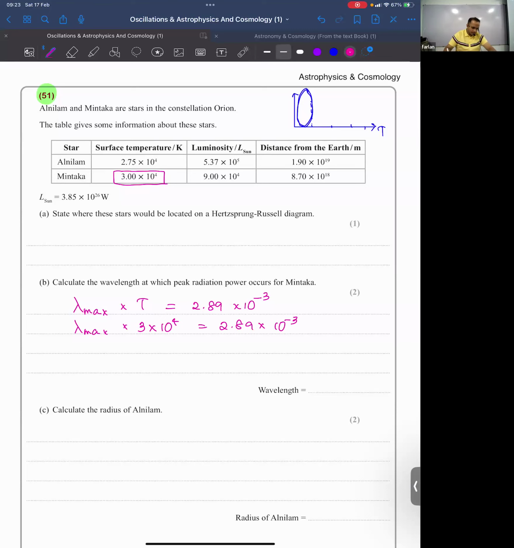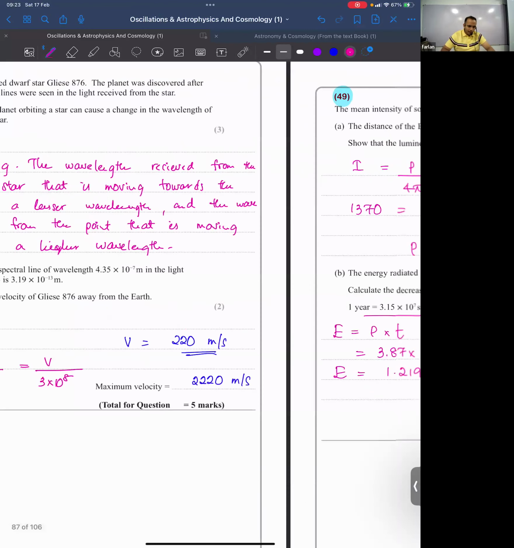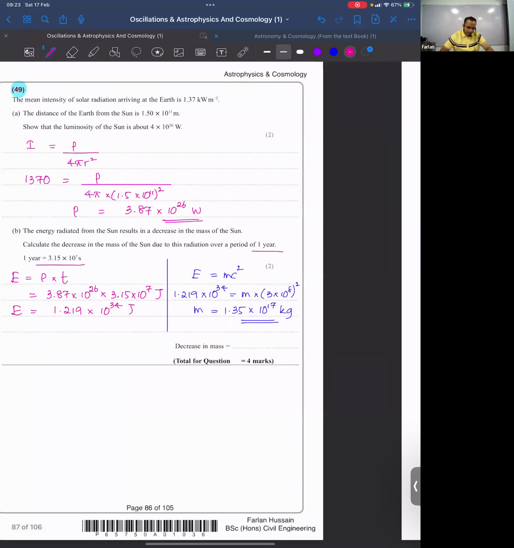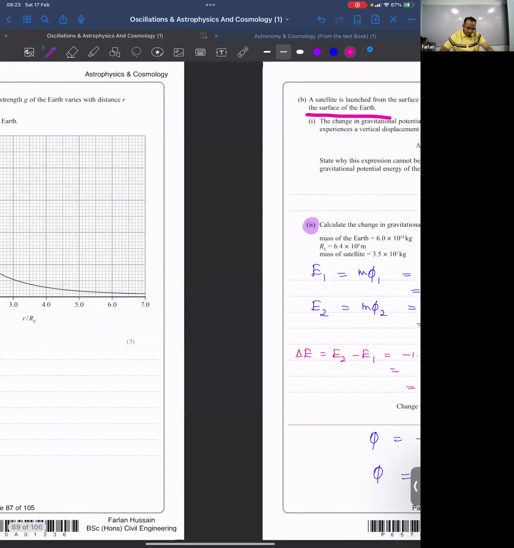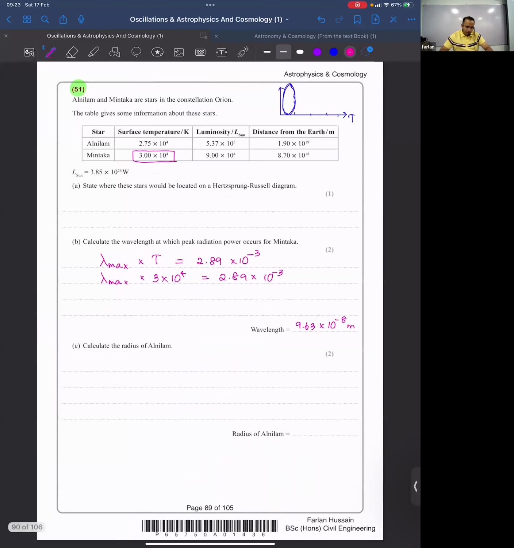That's 9.63 into 10 to the power minus 8 meters. Okay, and calculate the radius of aluminum.